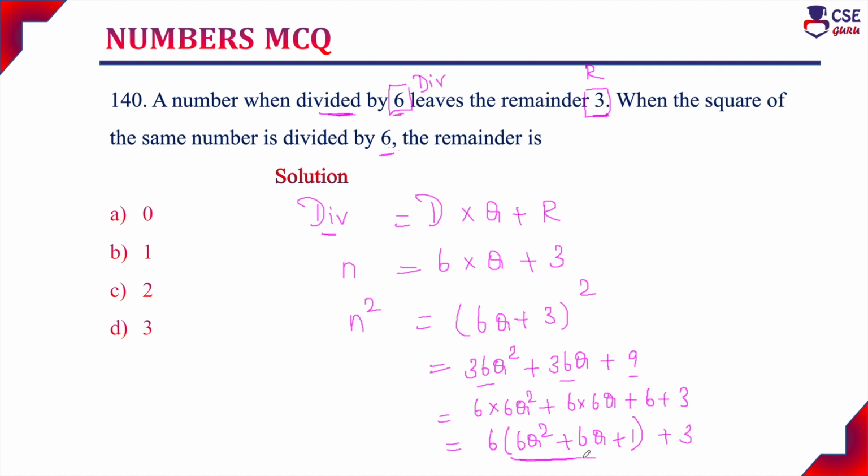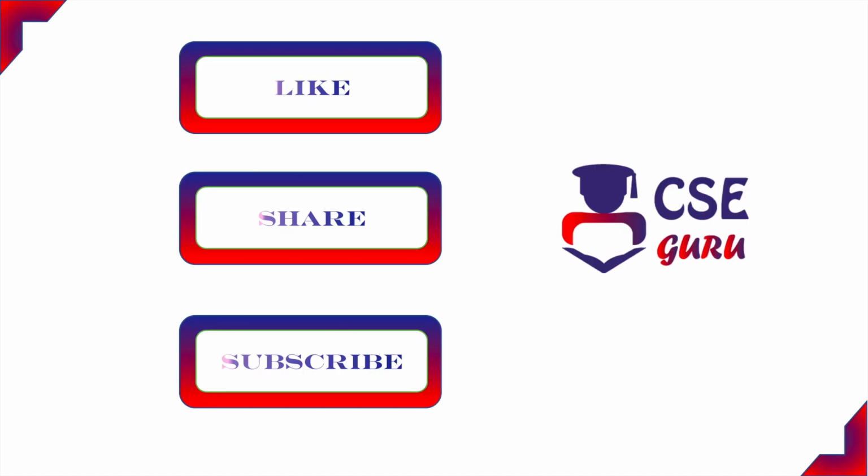So this will be the quotient and this 3 will be considered as the remainder. So when the square of the same number is divided by 6, the remainder is 3. So the correct option is option D, 3. Thank you for watching this video.